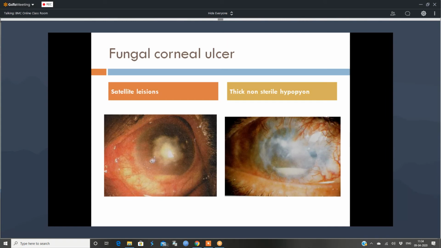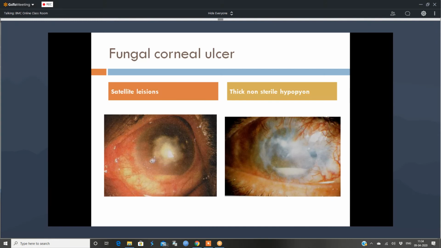I'm waiting. Sterile hypopyon. Yes, very good. The hypopyon is usually sterile. That means there are no bacteria in the hypopyon. That's why there is no need to drain the pus, isn't it?